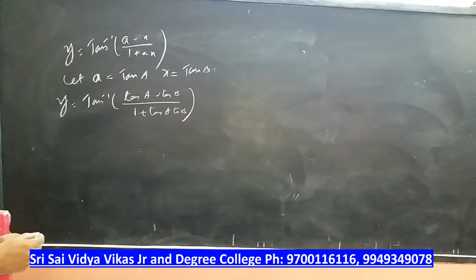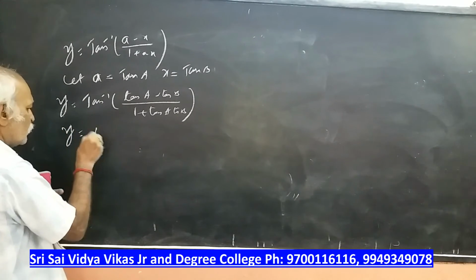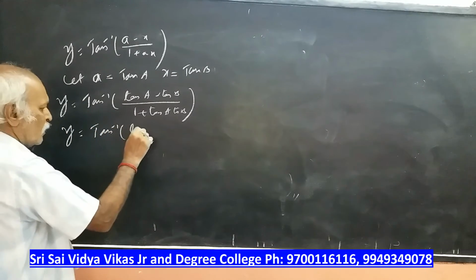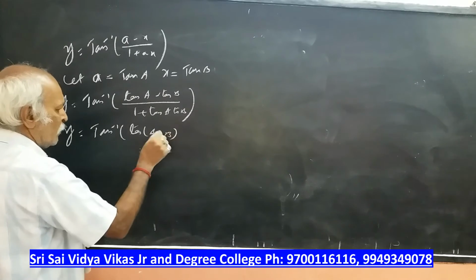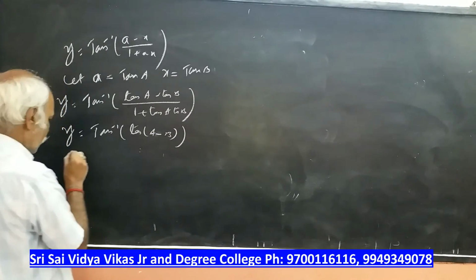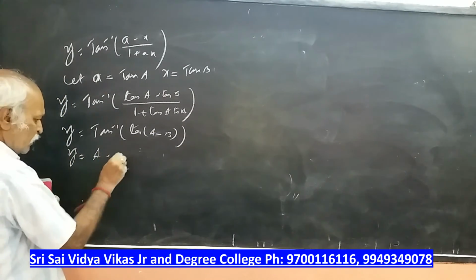What is the formula? (Tan A minus tan B) by (1 plus tan A tan B) is tan of (A minus B). So, tan inverse of tan of (A minus B), which will be A minus B.